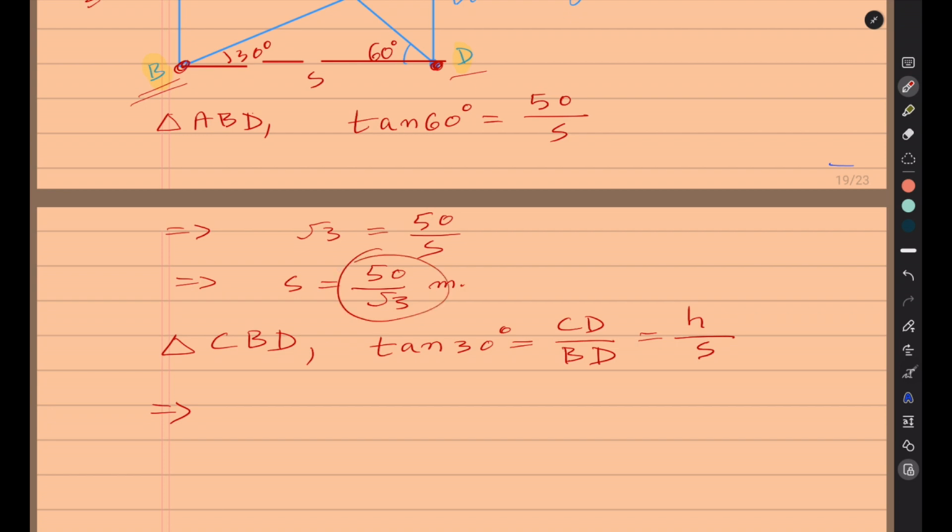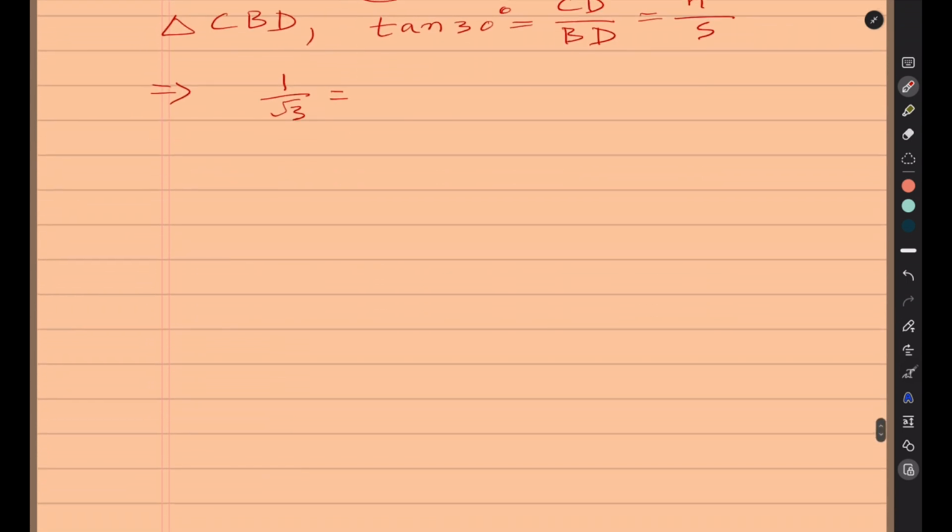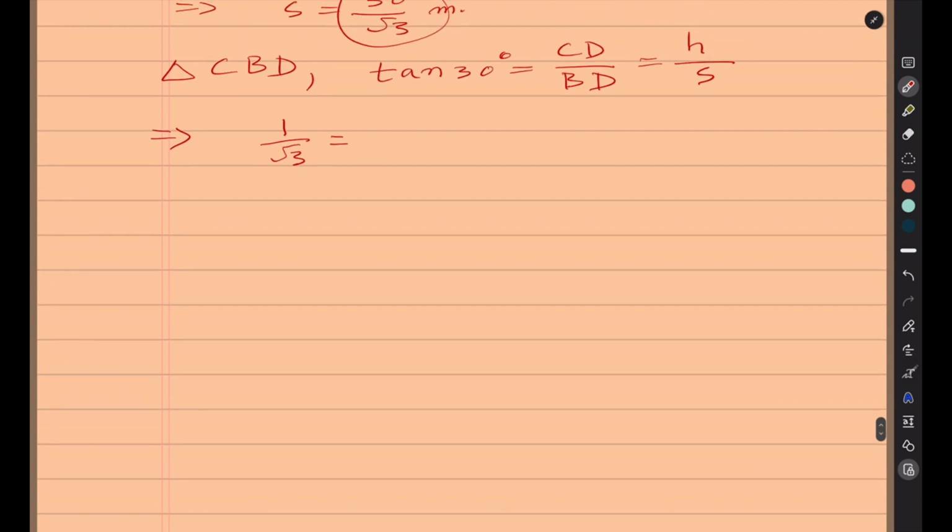So here it is just a matter of solving the equation. tan 30 is equal to 1 by root 3, and then H, but here you have to be very careful, because you have to divide two fractions. So this is H, so we can write H divided by 1.